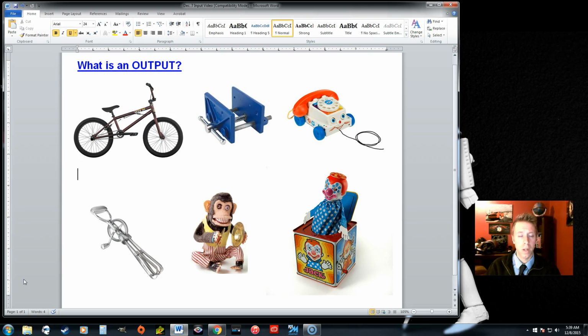So that must mean that the wheels, as in multiple, would not be correct because both wheels are not spinning due to the input. We still need to be thinking about the input and what that input is causing. Another answer that some people will say is, hey, the output of a bicycle is the chain.